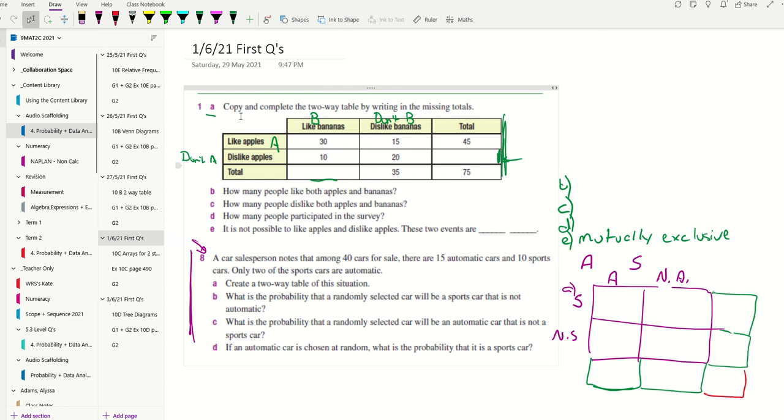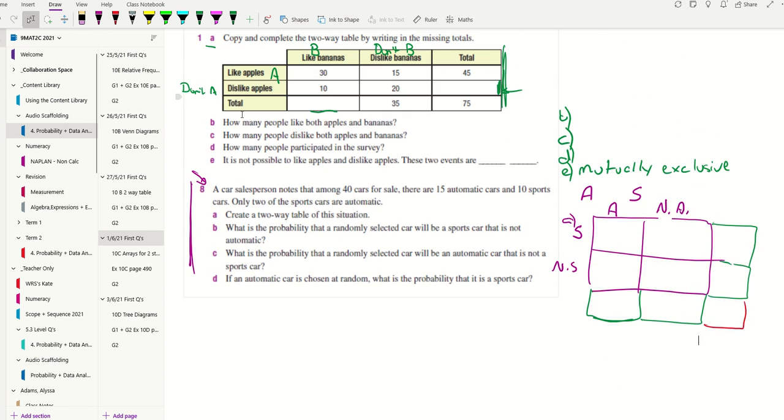Put your numbers in. All right, so B is asking us this question here. What is the probability that a randomly selected car will be a sports car that is not an automatic? So you need to find the square in that table that you just made where it's a sports car. So it's in the sports car column, but it's not automatic.